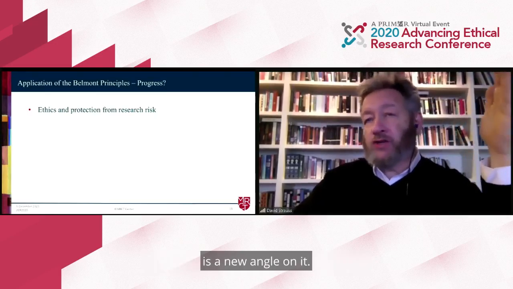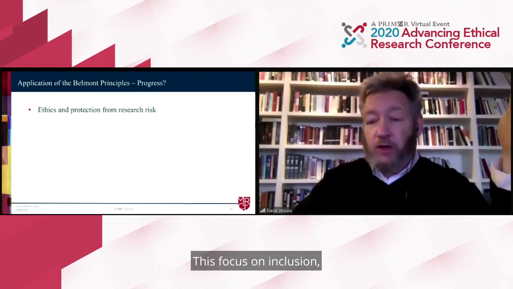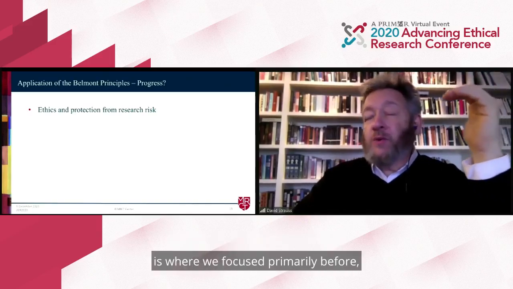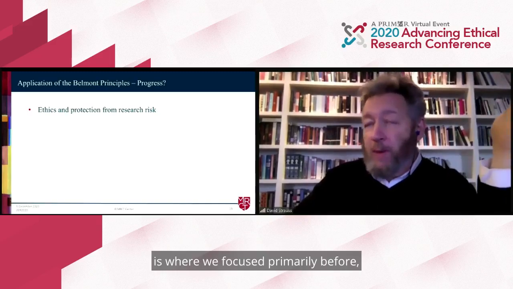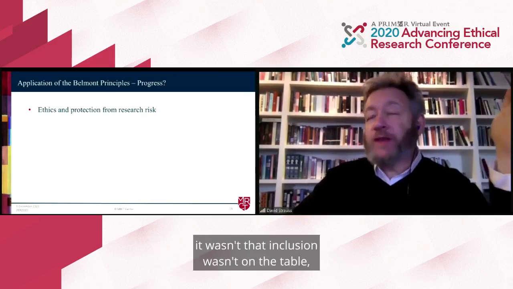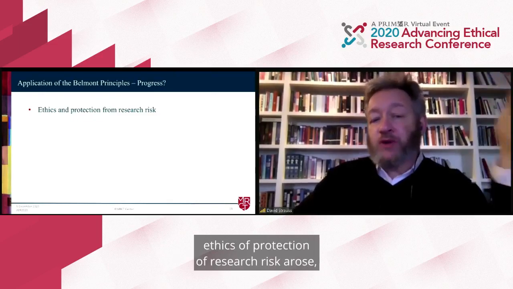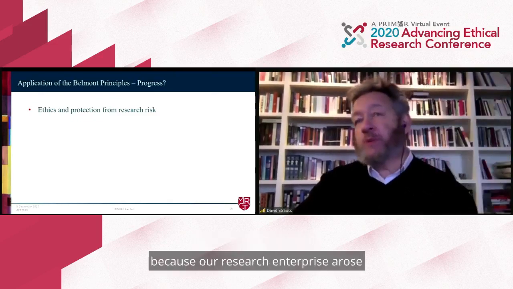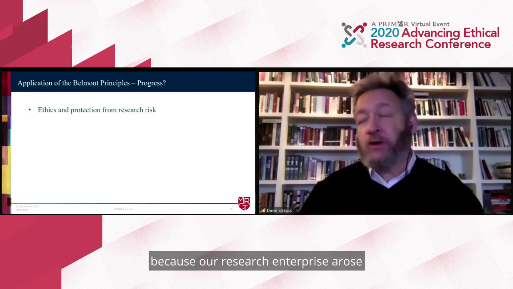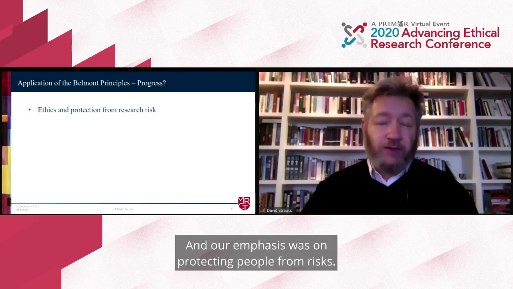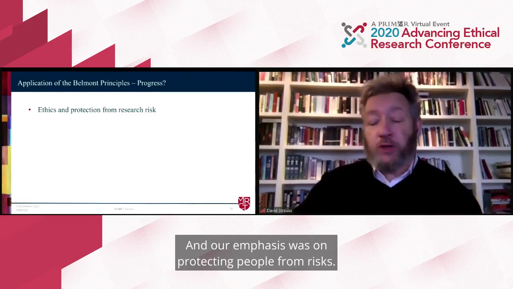So if we think about the application of the Belmont Report, it may sound like what I'm talking about is a new angle on it, this focus on inclusion. But in fact, ethics and protection from research risk is where we focused primarily before. It wasn't that inclusion wasn't on the table. Ethics and protection from research risk arose because our research enterprise arose from stories of scandal and exploitation in research, and our emphasis was on protecting people from risk.